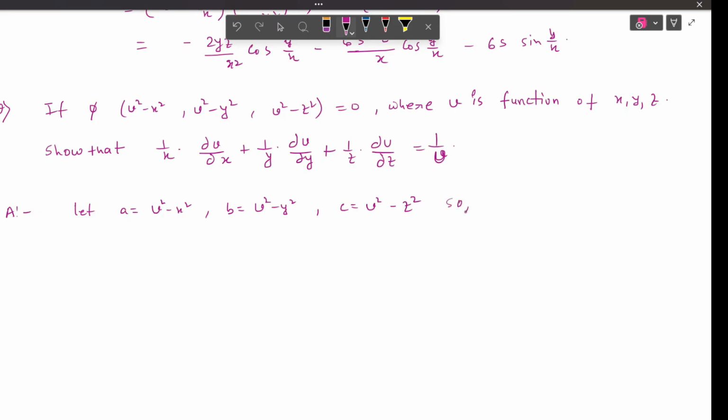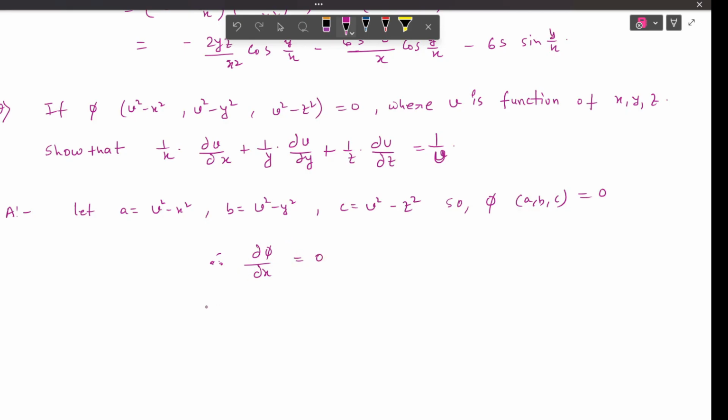Because a, b, c are functions of x, y, z and v, we can say that φ(a, b, c) = 0 as given. Now if we differentiate both sides with respect to x, that means ∂φ/∂x would be 0.